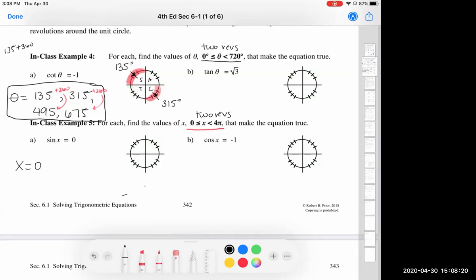So x is 0 and pi. And we go ahead and add 2 pi to our answer. So we also want 2 pi and 3 pi. Remember, we're just adding 2 pi, a whole another trip around our unit circle. 0 plus 2 pi is 2 pi. 1 pi plus 2 pi is 3 pi. That's our answer.